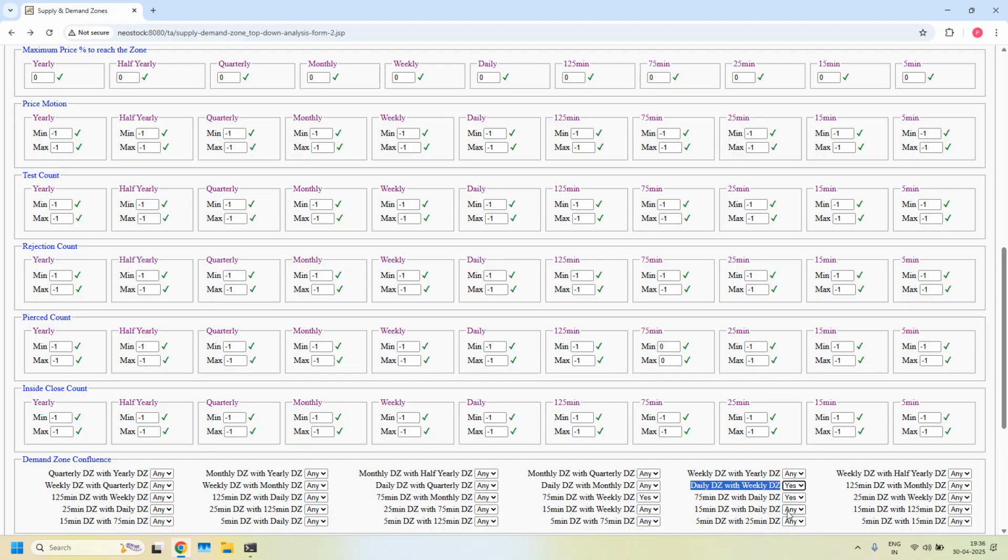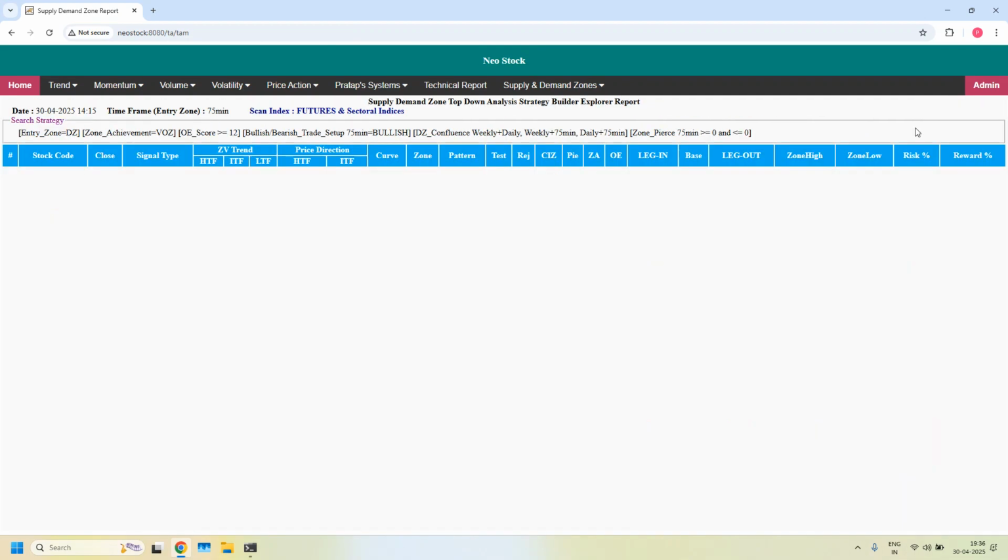By enabling all the 3 filters, we did not get any stocks. Always look into this demand zone confluence.